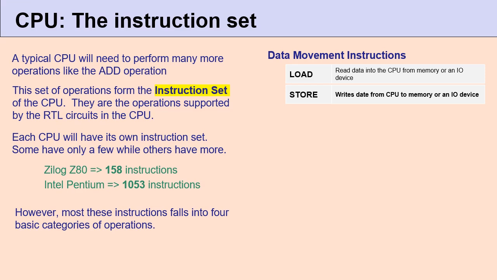The store instruction will take a value from a CPU register and send it to an external device. So you can use that type of instruction to save a value in the CPU register back in the memory, or send the value to an output device so that it can be sent to the external world.